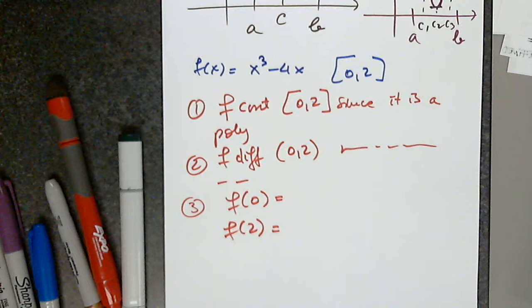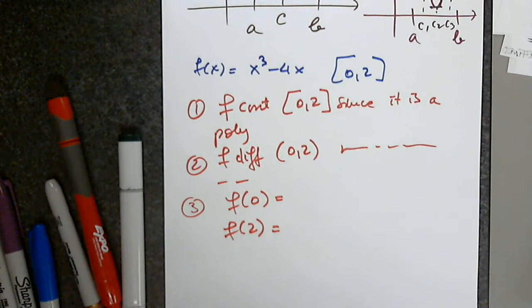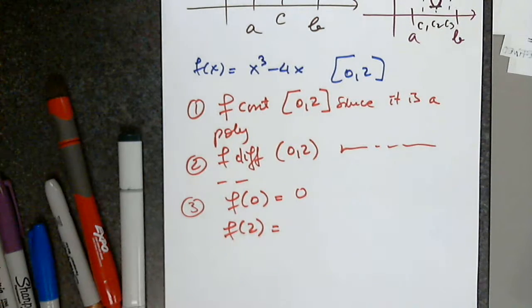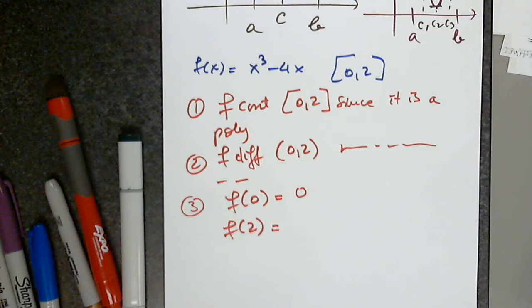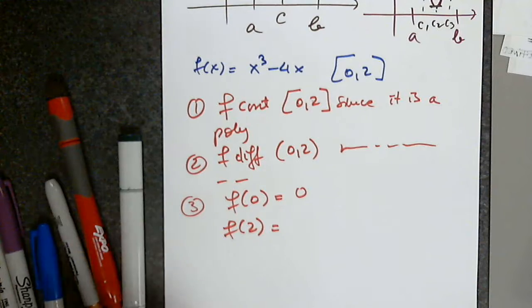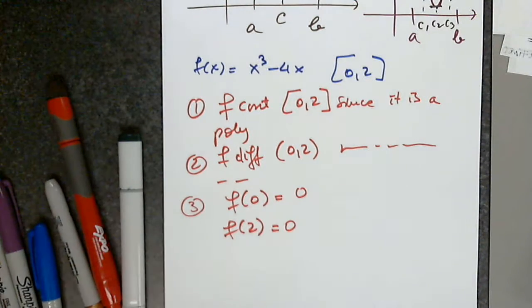So how much is f of 0? Perfect. How much is f of 2? 0. Are all conditions fulfilled? Okay. So then I will be able to find a C between 0 and 2 such that what happens there?